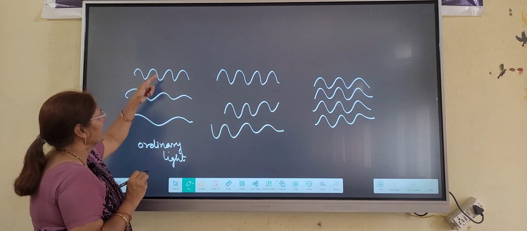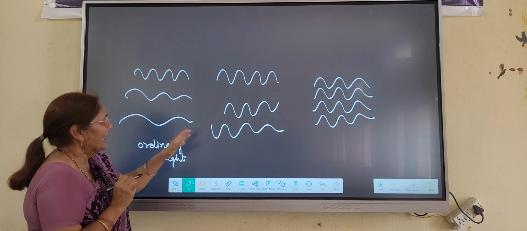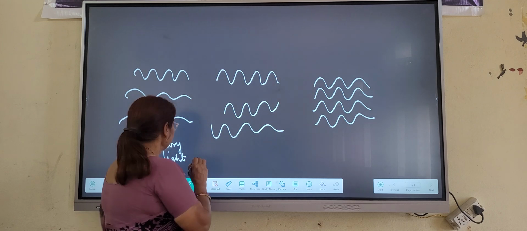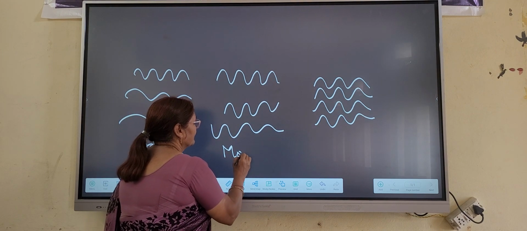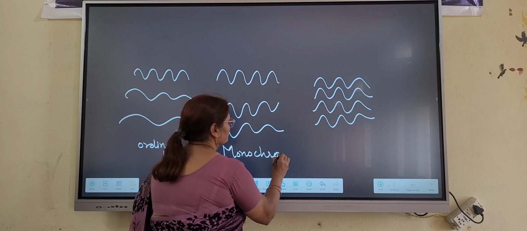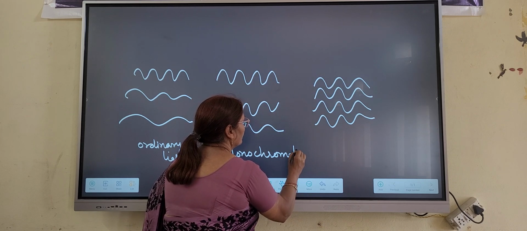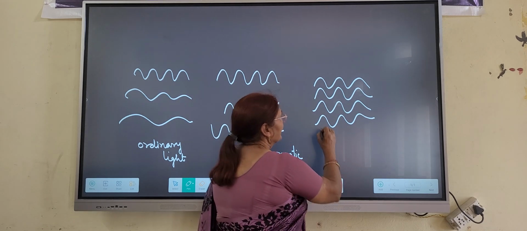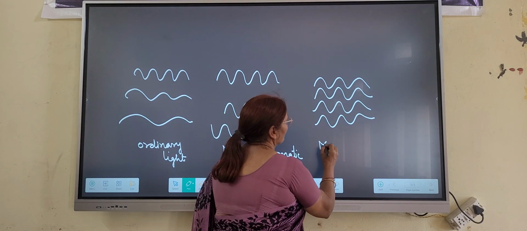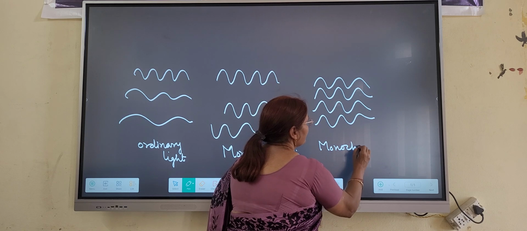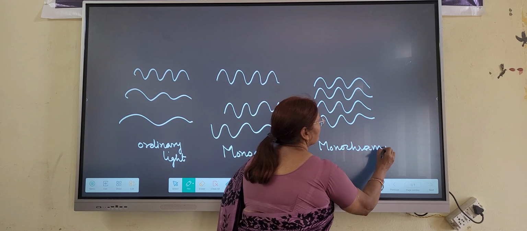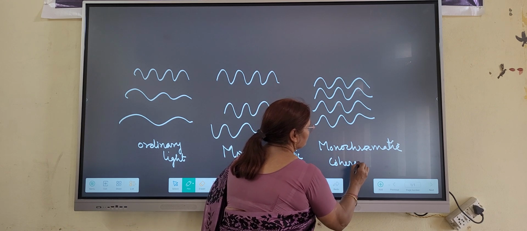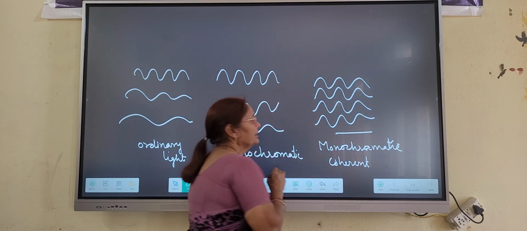Because see, the wavelengths of all the waves are different. And here the wavelengths are the same, but they are not in the same phase. So this is called a monochromatic light. And the third one is, here the wavelength is also the same and they are all in the same phase. So this is monochromatic as well as coherent. So this light is called the laser light.